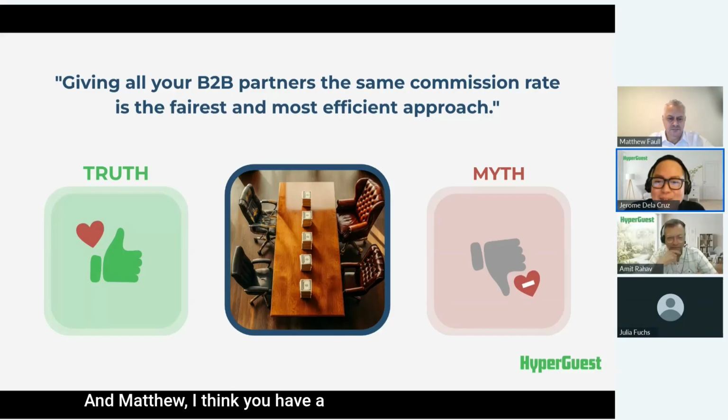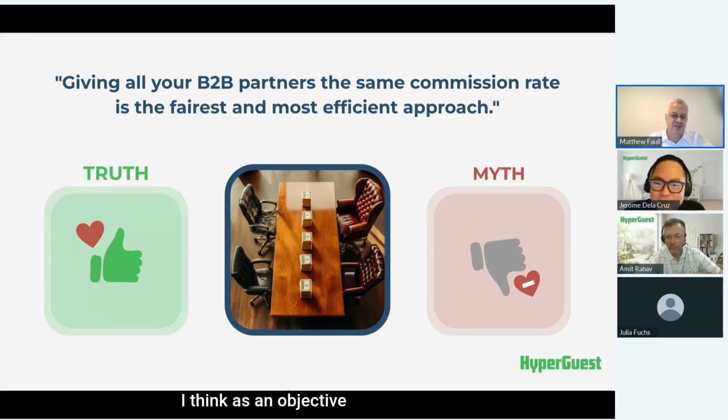And Matthew, I think you have very rich experience on this. This is your breakfast, lunch, and dinner with partners. Do you think it's a truth or myth? I think as an objective, it's the truth. In reality, it is not 100% achievable; nothing ever is.